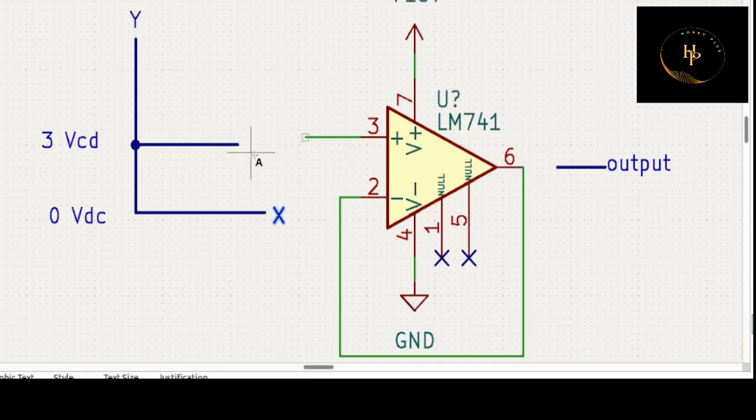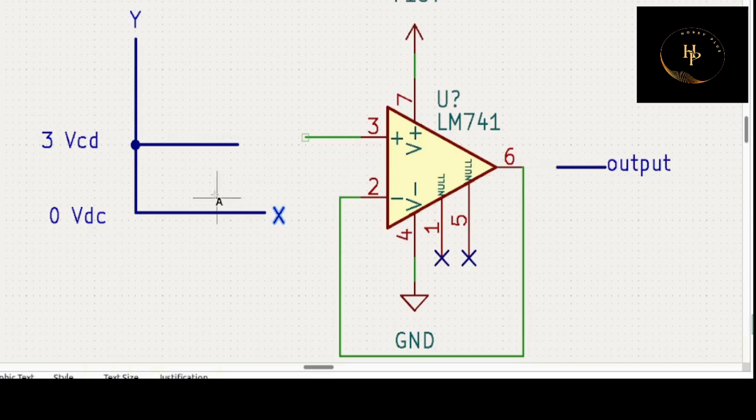If we try to put here a sine curve or a signal that goes from 0 to something, suppose 3 volt or 4 volt or 5 volt, whatever it is, but that is a sine, we can get the output as a sine.